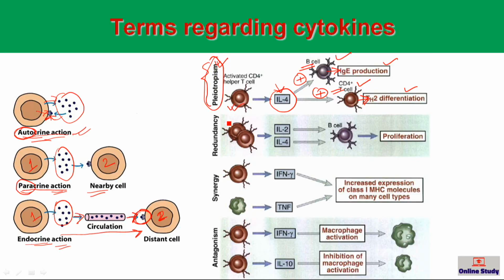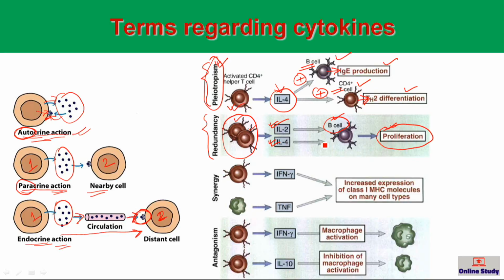But when one or different types of cell produce different cytokines and those different cytokines act on a specific cell and have the same or overlapping action, then it is called redundancy. In this example, activated CD4 helper T cell produces the IL-2 and IL-4 cytokines, which act on B cell and both induce the proliferation of the B cell.